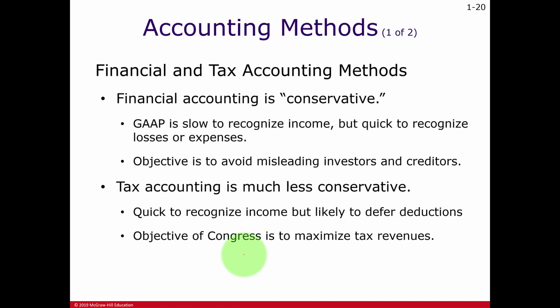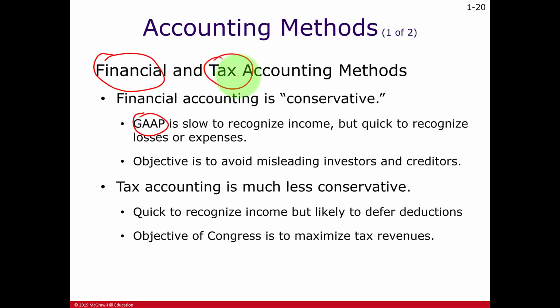I mentioned before that you've taken financial accounting classes and learned GAAP rules. Now you're in our tax class and you're learning tax laws. The rules for taxes and the rules for financial are somewhat similar, but are sometimes different.